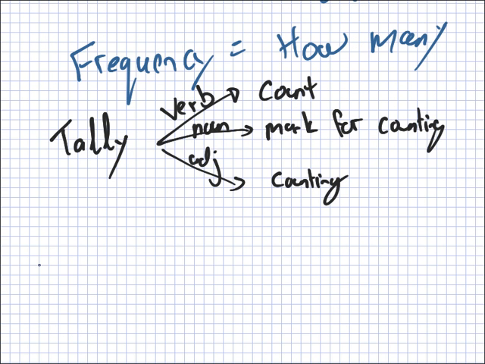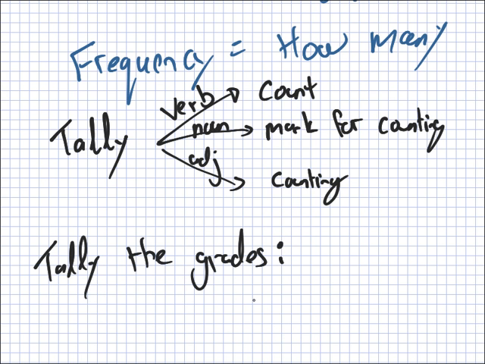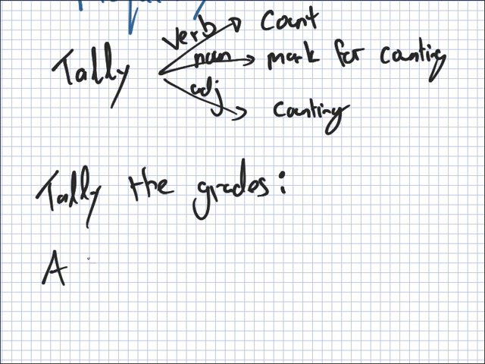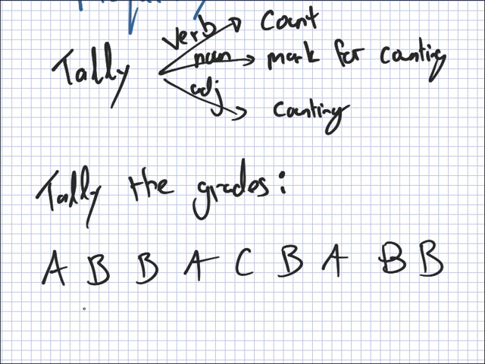So a question could be something like, tally the grades, and let's put some data down here. So we'll just say A, B, B, A, C, B, A, B, B, C, C, A, B, C, A, C, B, A. Okay, so we want to tally this. So this is our first little example here. So I'll just give you a minute to get this data.